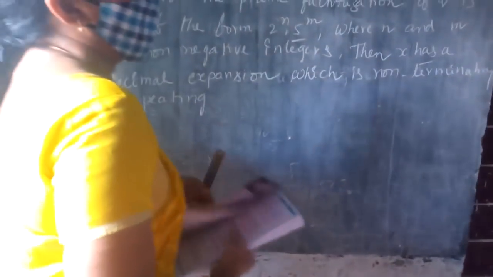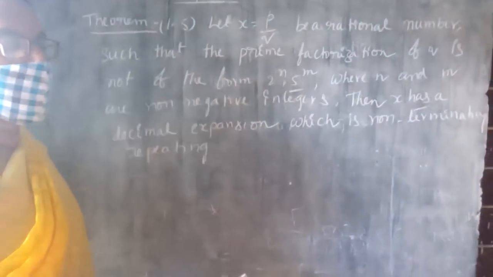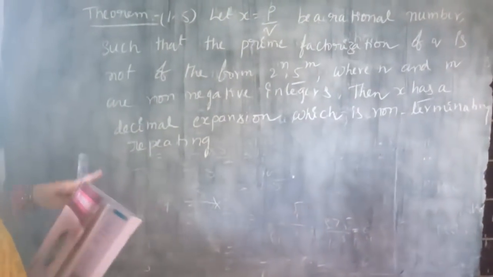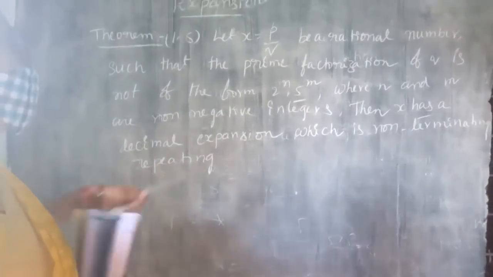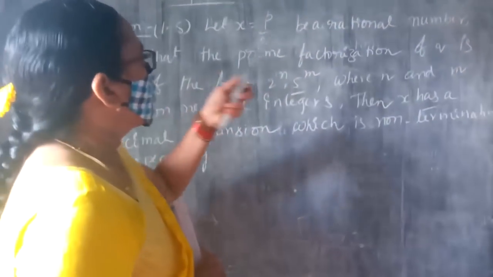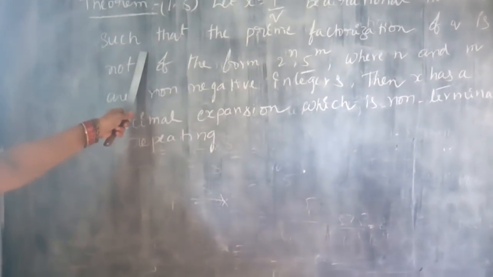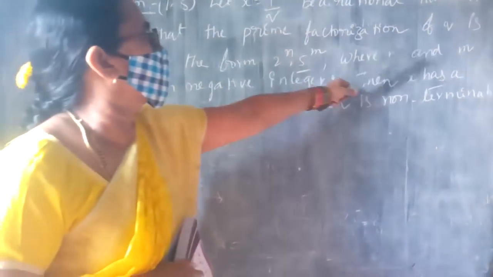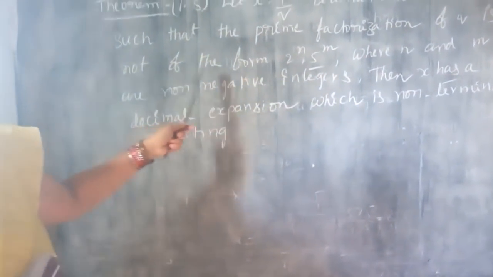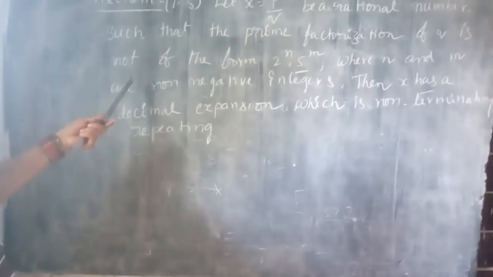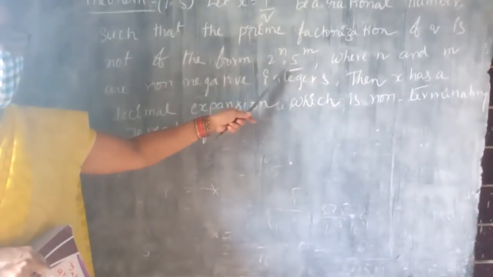This is in the flow chart we discussed. This is the second model. Okay ma'am. See all of you. Let x equal to p by q be a rational number such that the prime factorization of q is not of the form. In the previous theorem, it is of the form 2 power n, 5 power m.